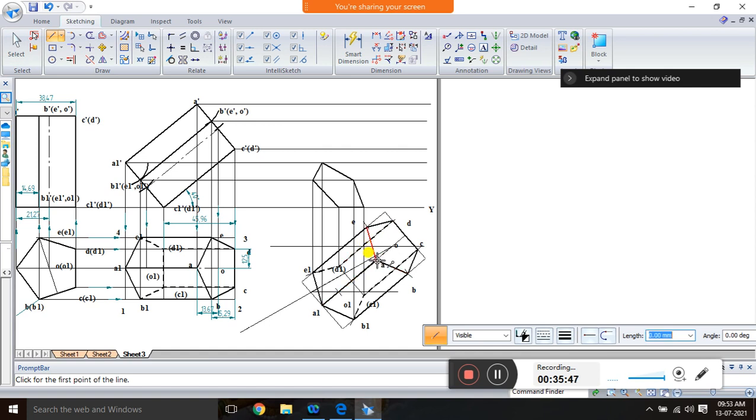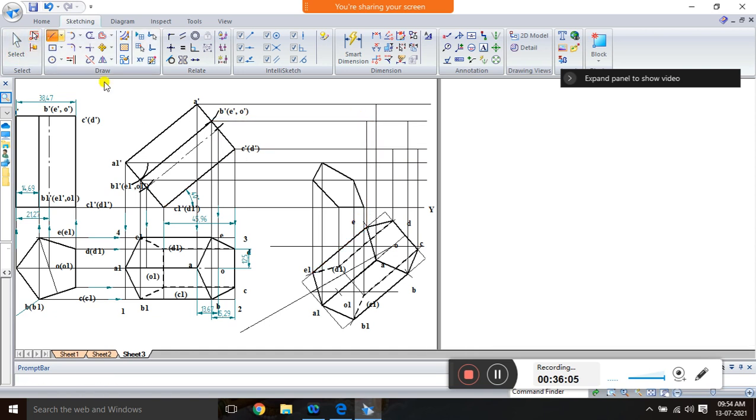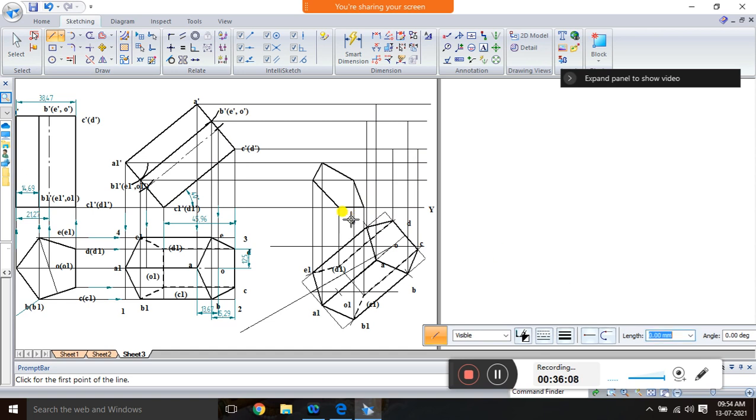This is A, okay, and here A is here, A dash, and B is here, C is here, D is here, and E is here. So if you see, only these visible edges are visible. Okay, only these faces are visible.